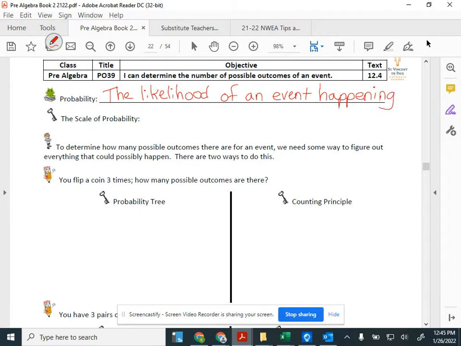The scale of probability is pretty much the percentage of chance that it's going to happen. So if we look at our scale, we would say this is 0%. It is not going to happen. All the way to 100%, this is definitely happening.